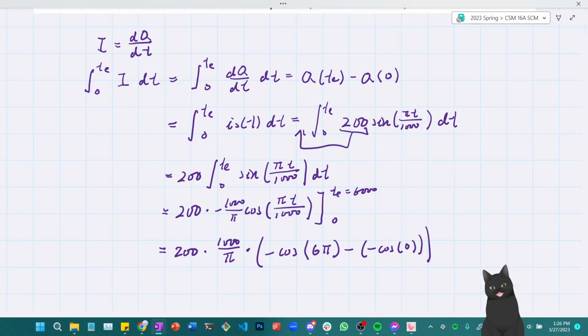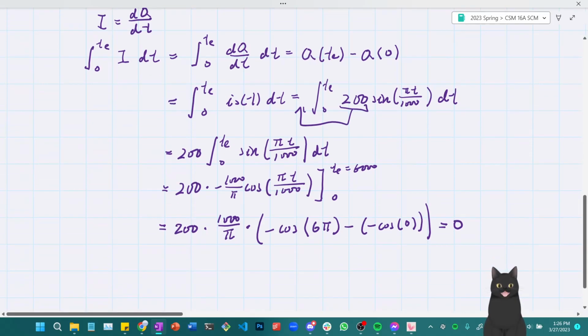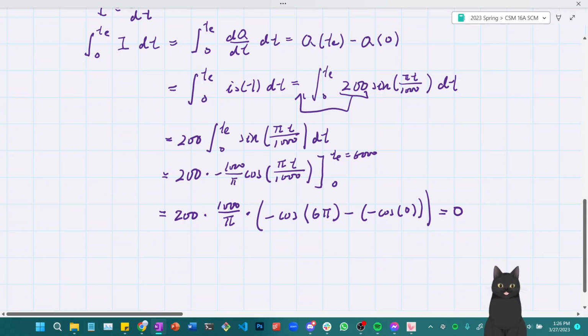Turns out that these two values are equal, so the final answer of this integral is actually 0, which means that the total amount of charge after time elapsed is actually 0.